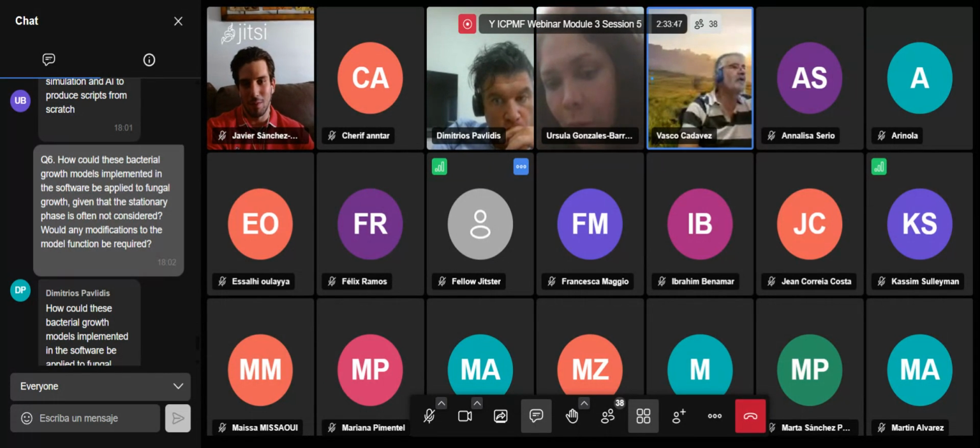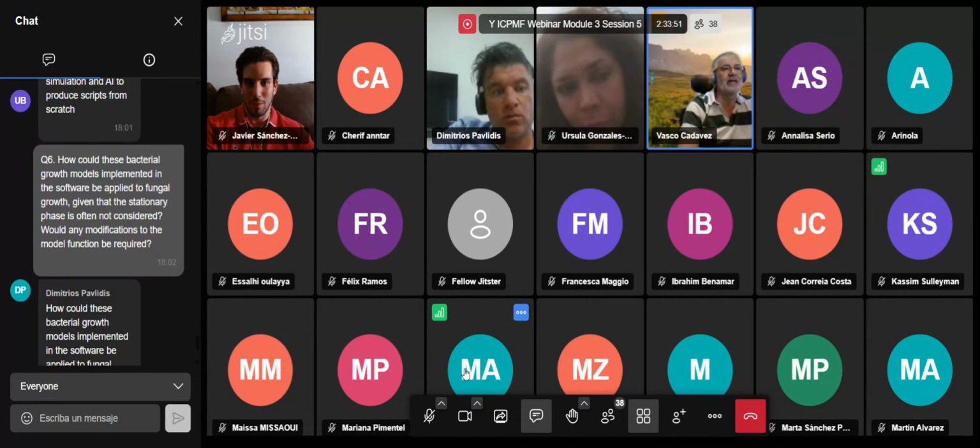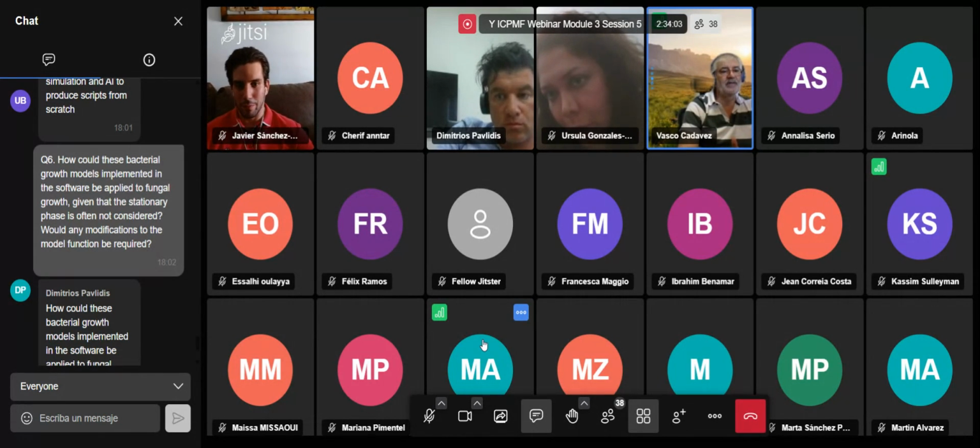The primary models, we have several. Complete primary models, we have the Baranyi, the Wang model, the Rosso model, and the Zwietering model. So I believe for fungus, you need to check if the data is similar or if the models can be applied, because I never worked with fungal growth, but I believe it is possible. Some of these models can be used on different kinds of data.